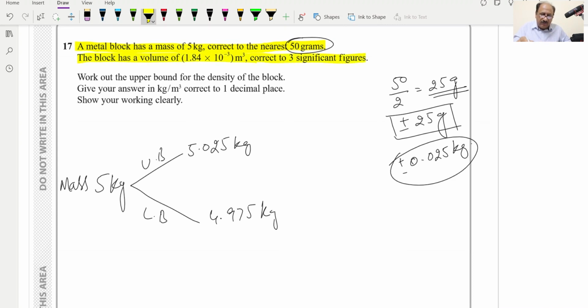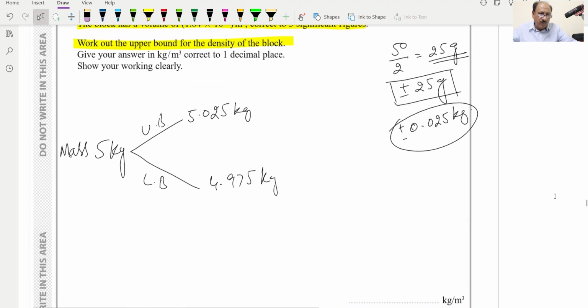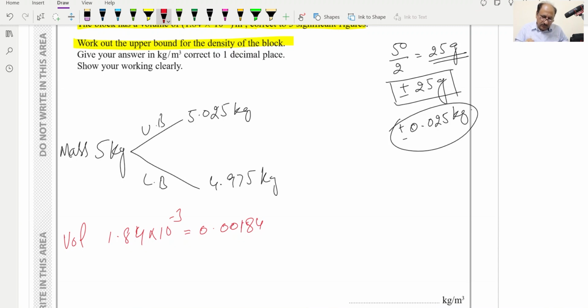They are saying the block has a volume of this much meter cube, correct to 3 significant figures. Work out the upper bound for the density. So for volume also we can find upper and lower bounds. 1.84 into 10 raised to minus 3 in ordinary numbers we can write as 0.00184, up to 3 significant figures.